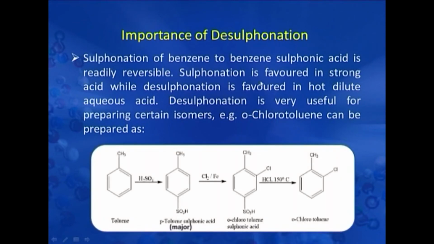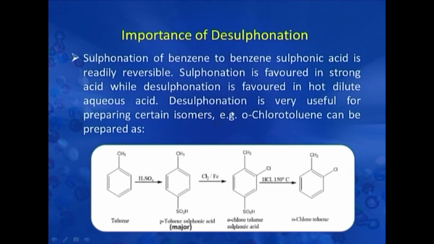For example, if we want to prepare orthochlorotoluene, now there is one method, Friedel-Crafts halogenation. When we do Friedel-Crafts halogenation of toluene, we get two isomers, parachlorotoluene and orthochlorotoluene. But parachlorotoluene is the major product. So, our desired compound orthochlorotoluene we do not get, but that orthochlorotoluene we can prepare using the desulfonation reaction.